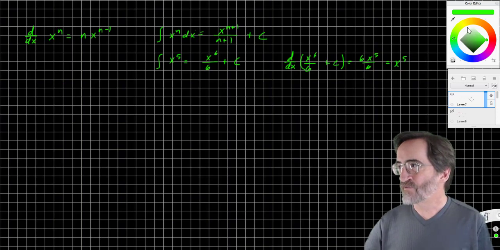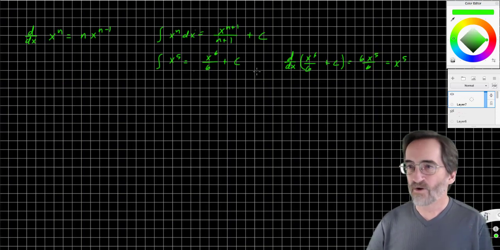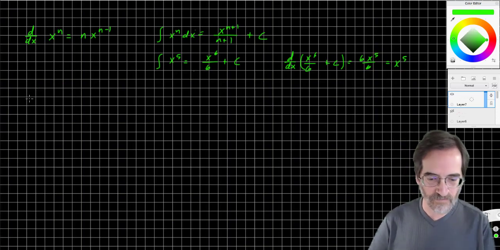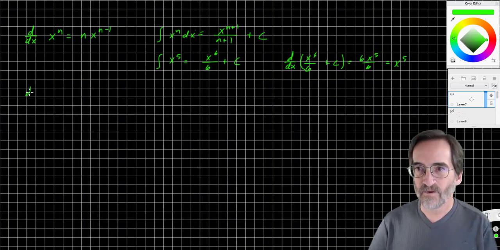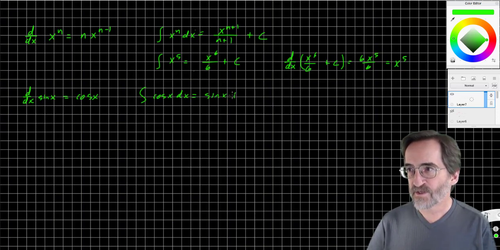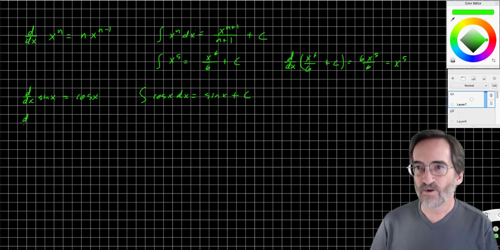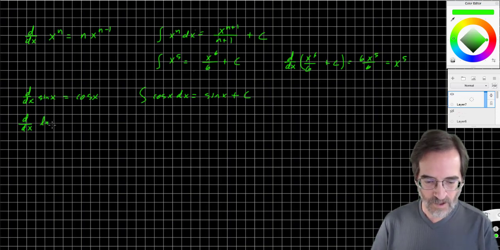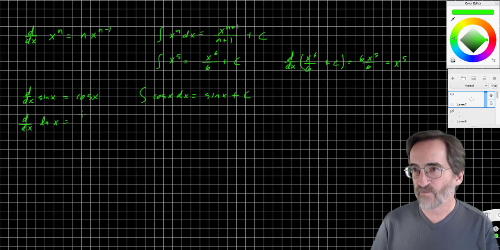Some other common derivatives that you may recall: the derivative of sine is cosine. So the integral of cosine dx is sine plus c. You may recall the derivative of the natural log of x is 1 over x.